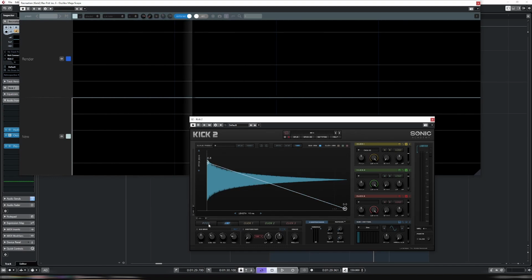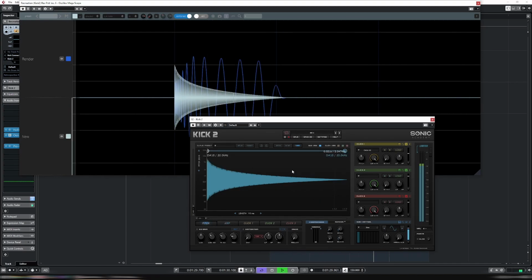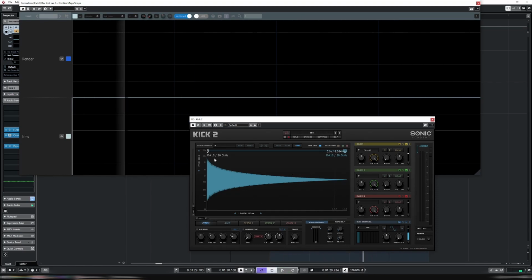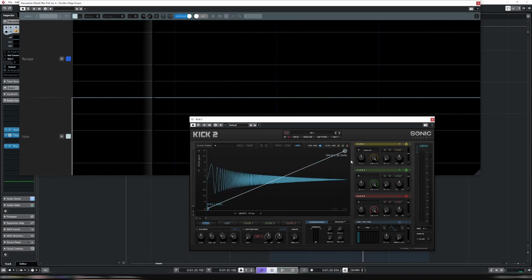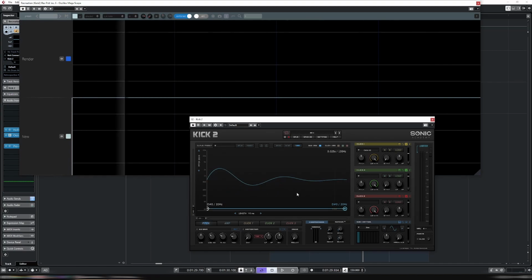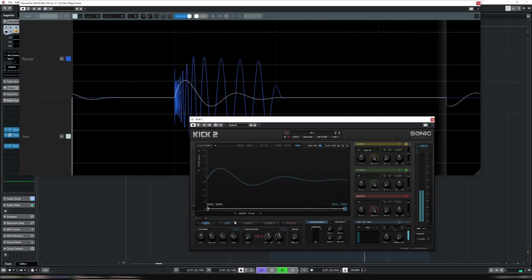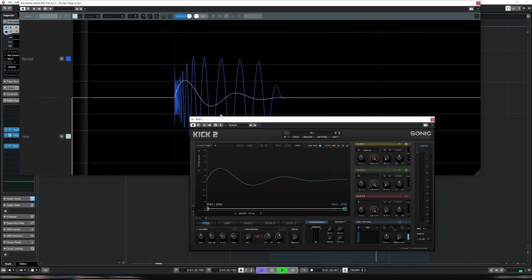So when I play it back, you can see very, very clearly the waveform representation in oscilloscope. Whereas if I put it all the way down, the waveform becomes longer and then you don't get as much clarity. So that would be impossible to draw a curve around with that. So let's put it back up to the top.